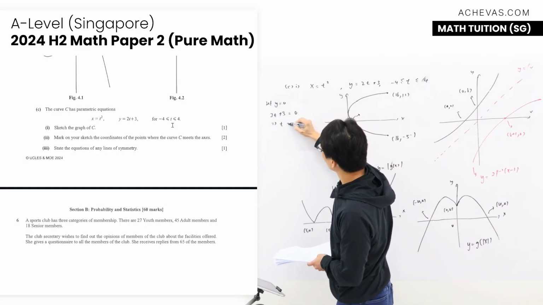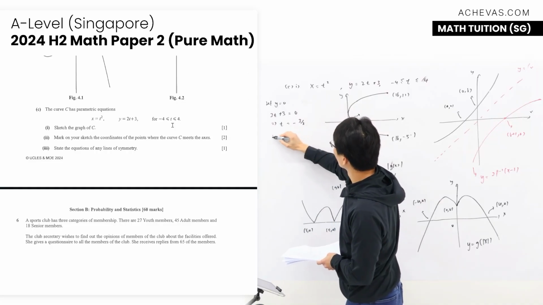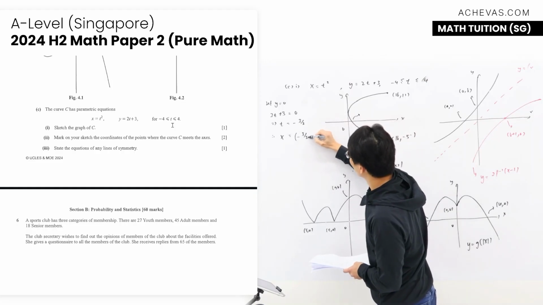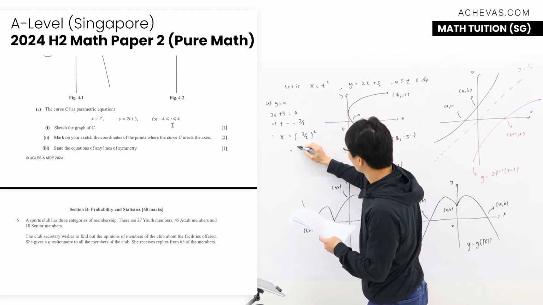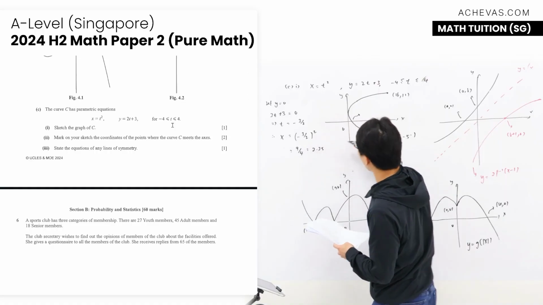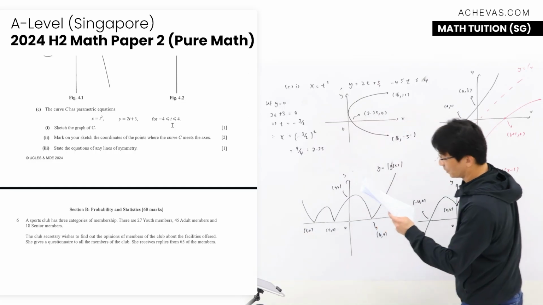From here, I solve t equal to -3 over 2, which I can put back into here. Therefore, my x will just be equal to 3 times (-3 over 2) squared, which will give me 9 over 4, which is the same value as 2.25. So with this, I can label 2.25, 0 here.